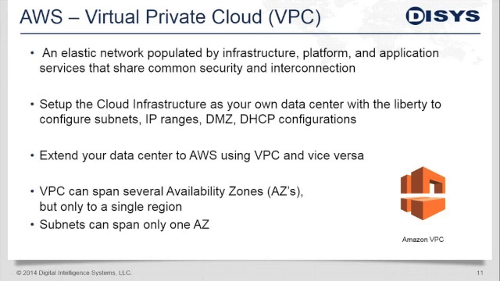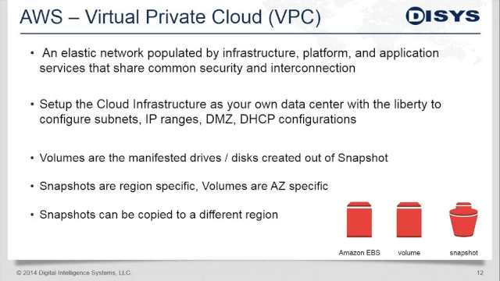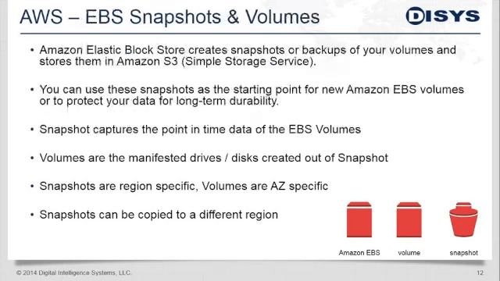And speaking about EBS and snapshot volumes, EBS volumes translate to the drives of our instances or servers, and a snapshot more appropriately would be a point in time captured data volume.